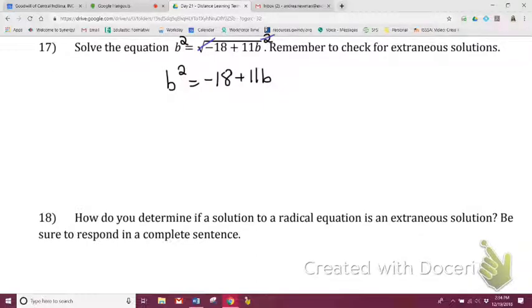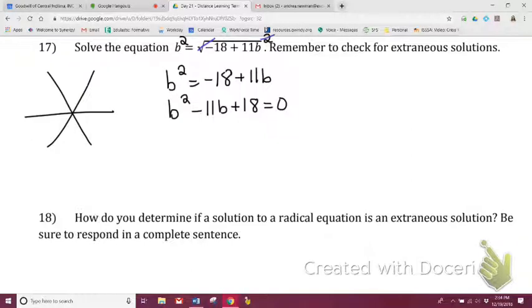Now since we have a quadratic term, we have that b squared, we need to move everything to one side because we know we're going to have to factor it. So b squared minus 11b plus 18 equals 0.